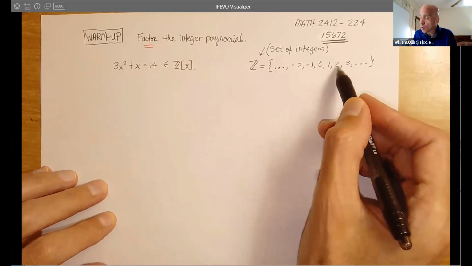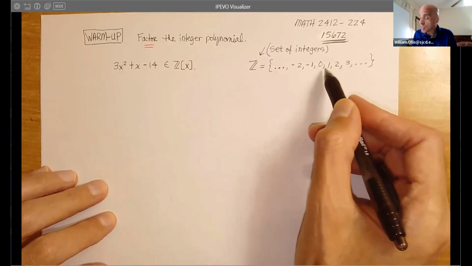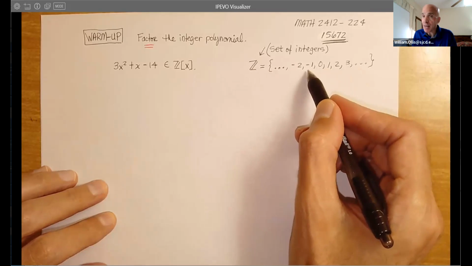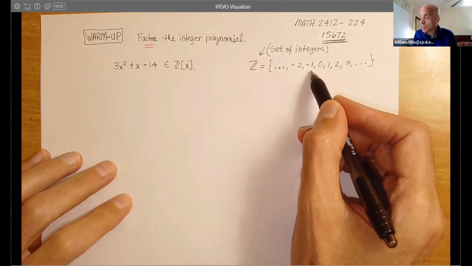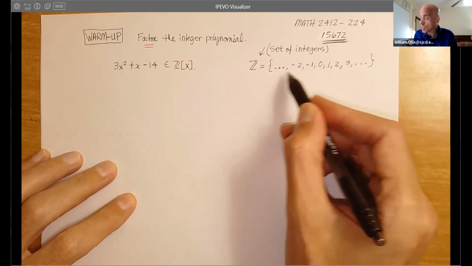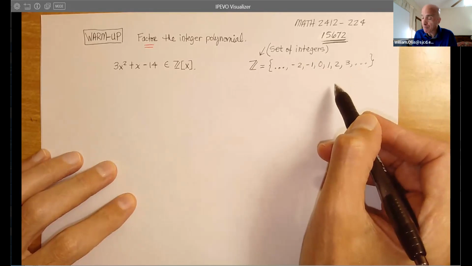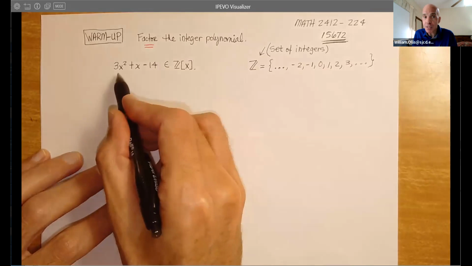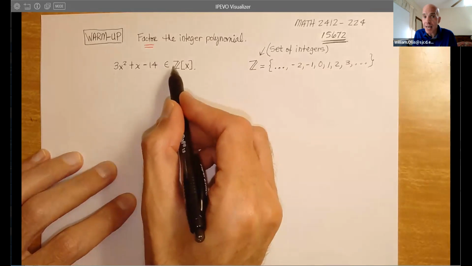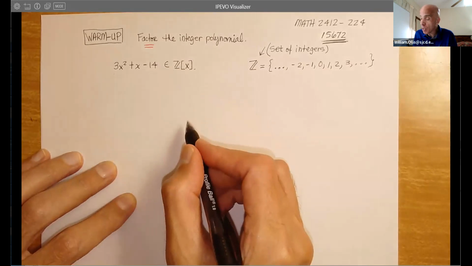And you know the integers are the natural numbers, 0, and the negatives of the natural numbers. So I will often use this notation. You can say set of integers, but this is just a more compact way of saying it. Now, this little symbol here, element of, just means this polynomial here is an element of the integer polynomials.